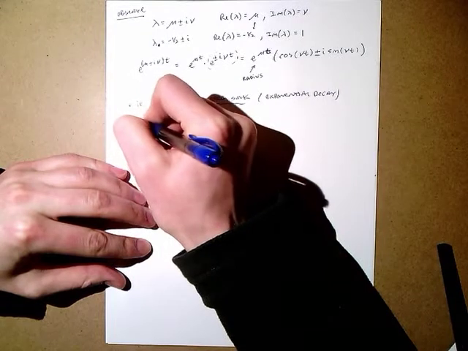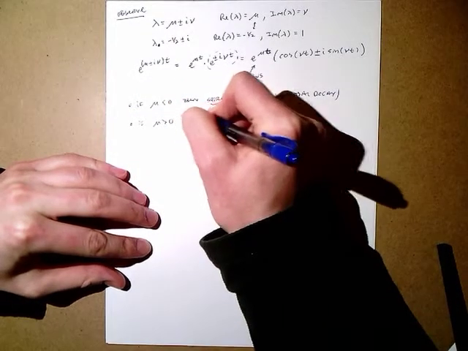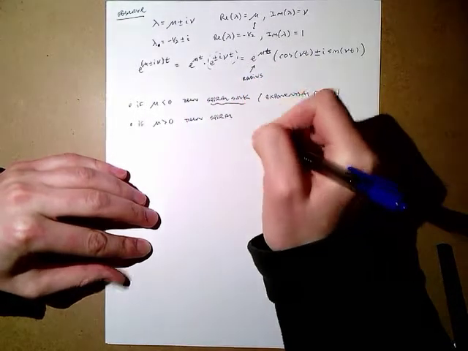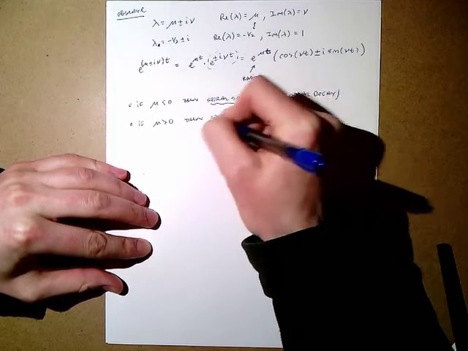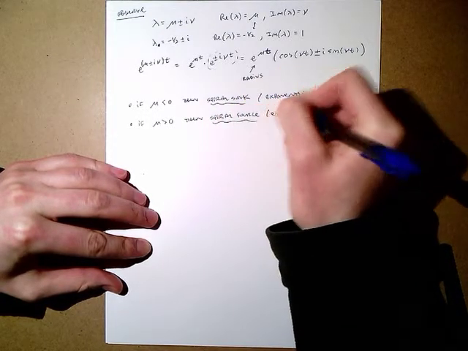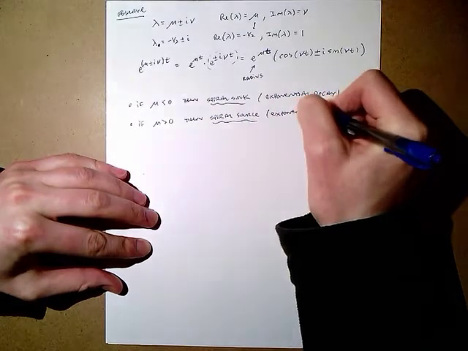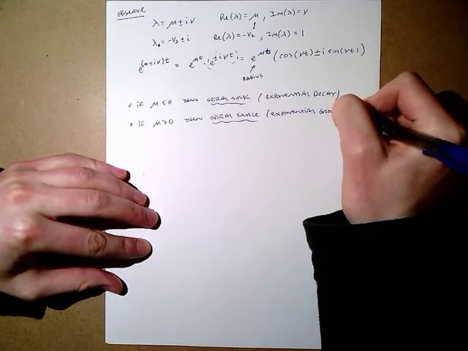Likewise, if mu is positive, then we get something where the trajectories spiral outward. In that case, we call this a spiral source. This is where the radius of your polar coordinates increases. So we get exponential growth.